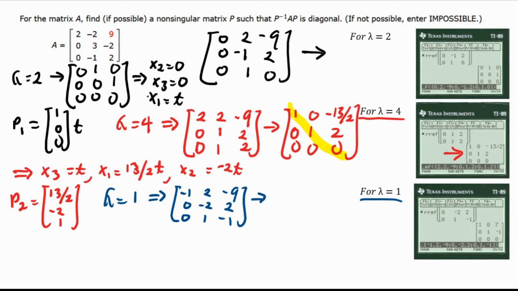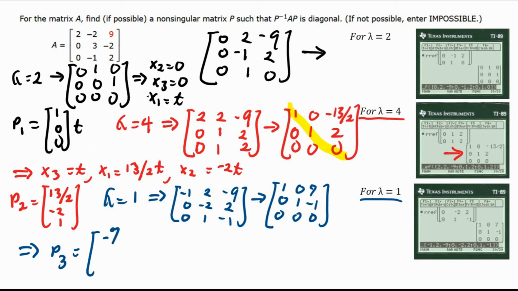And then that's reduced on your calculator to 1, 0, 0, 0, 1, 0. See how I get the 7 over there? So this implies that you should be able to look at it and tell what the eigenvector is. Let's see if you get it. So here this is going to be -7. This is going to be 1. It's going to be 1. You know, it's times the t.